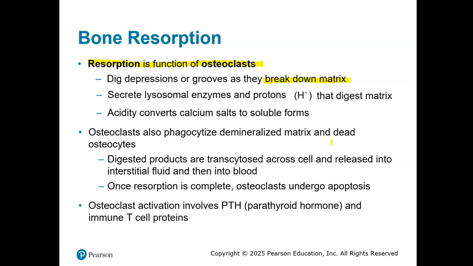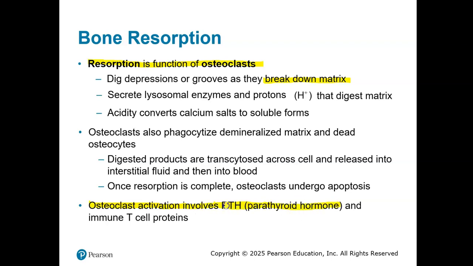So they also act as phagocytes, and the activation of osteoclasts involves the hormone PTH, or parathyroid hormone, and immune T cell proteins, but we'll just worry about PTH.